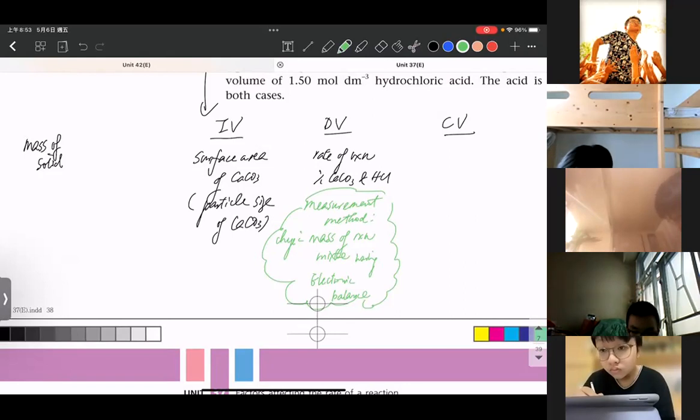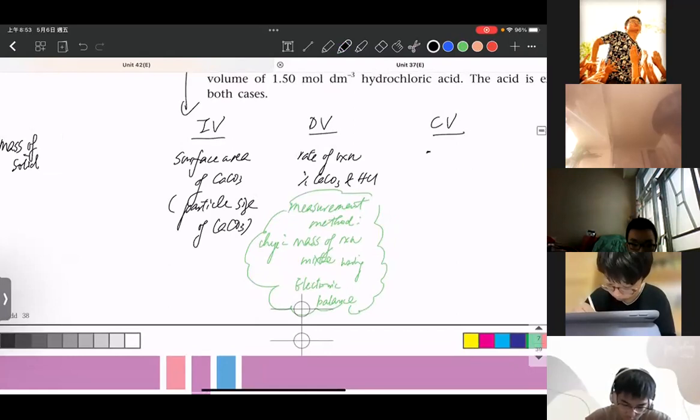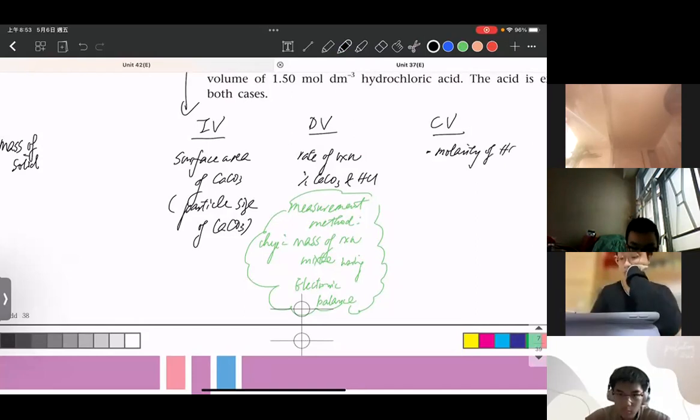How about control variable? Control variable, to name a few, Makinya, just name one. In order to make a fair test, what should be kept constant? Makinya: Concentration of HCl. Concentration of HCl. Good.